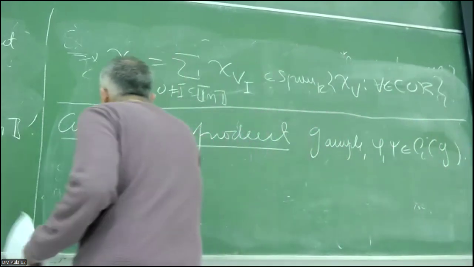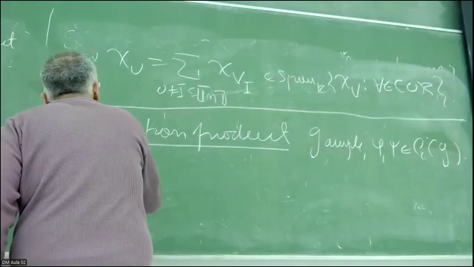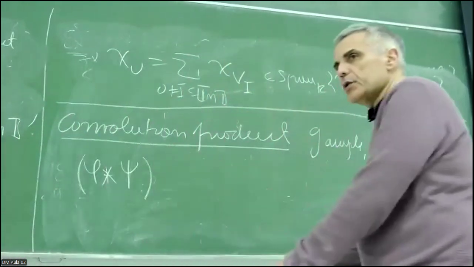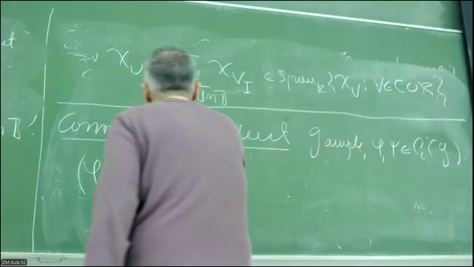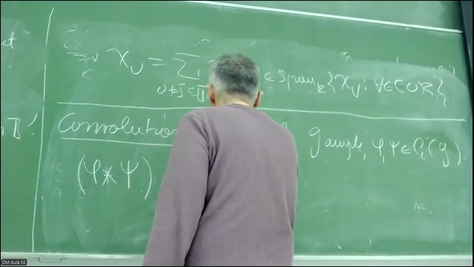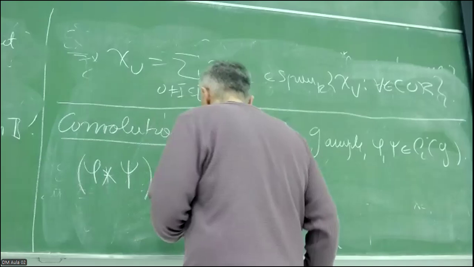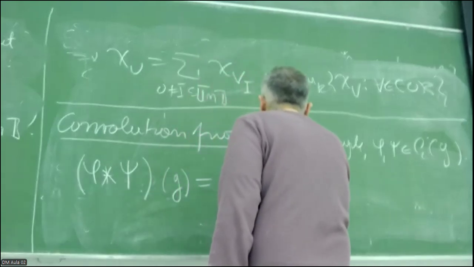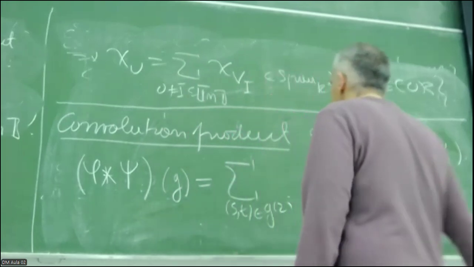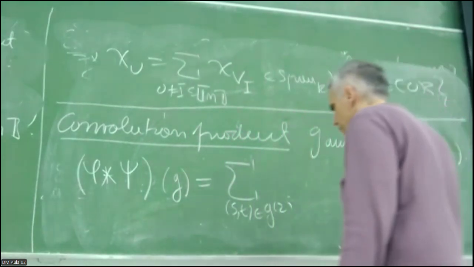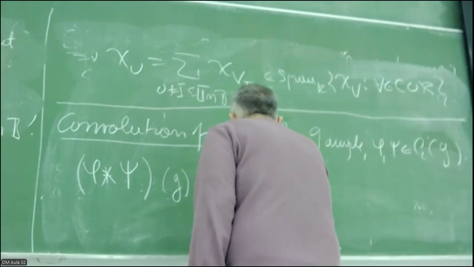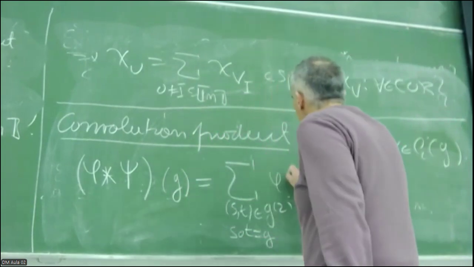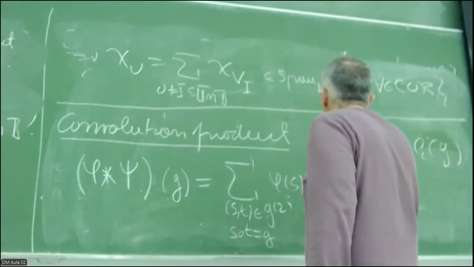then the convolution is again a function which, when applied to an element g in G, is the sum over all pairs s, t of composable arrows in G, whose composition is exactly g, of phi(s) times psi(t).